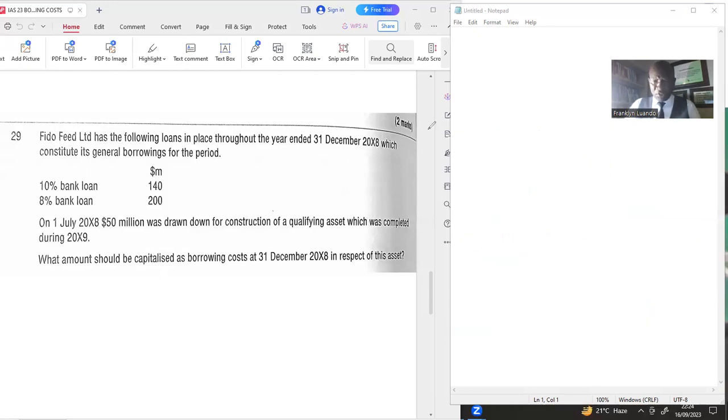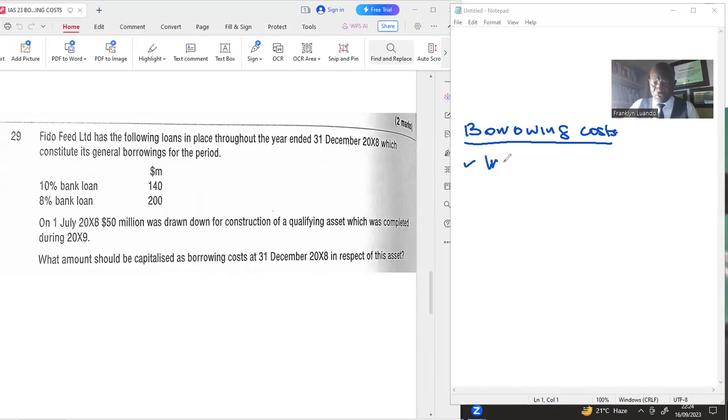Borrowing costs refers to interest on loans borrowed to purchase or construct a qualifying asset.